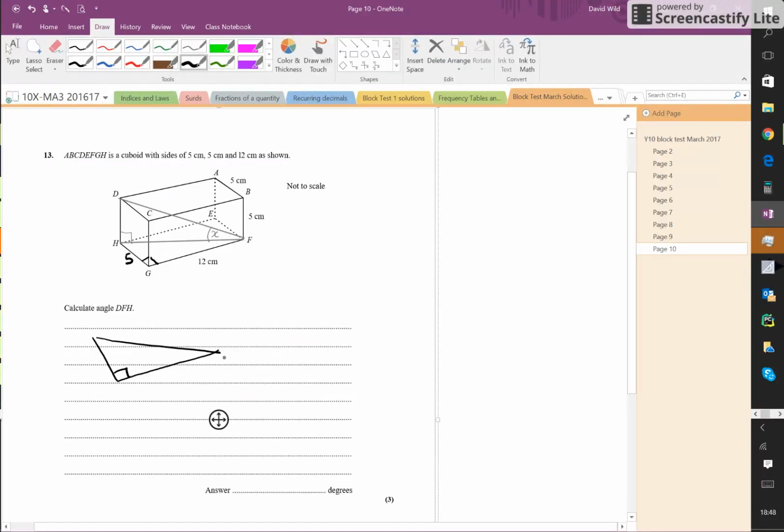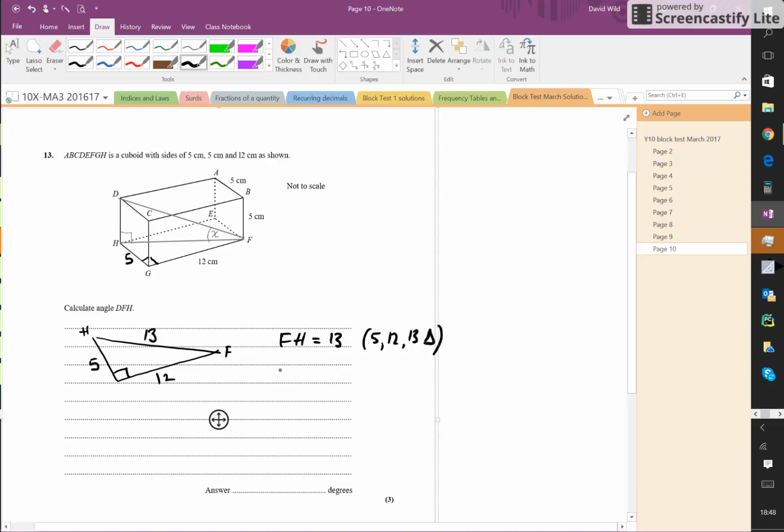And this is F and H, and this is 5, and this is 12. So we can just use Pythagoras to find FH, and if we know that this is a Pythagorean triple, 5, 12, 13, we should be able to say that this is 13. So FH is equal to 13 because this is a 5, 12, 13 triangle.